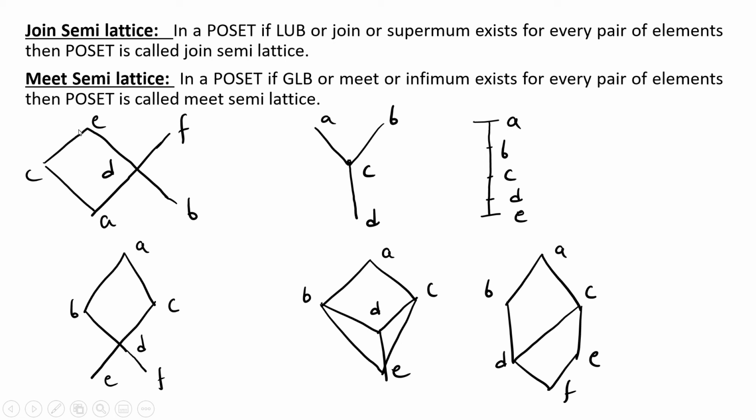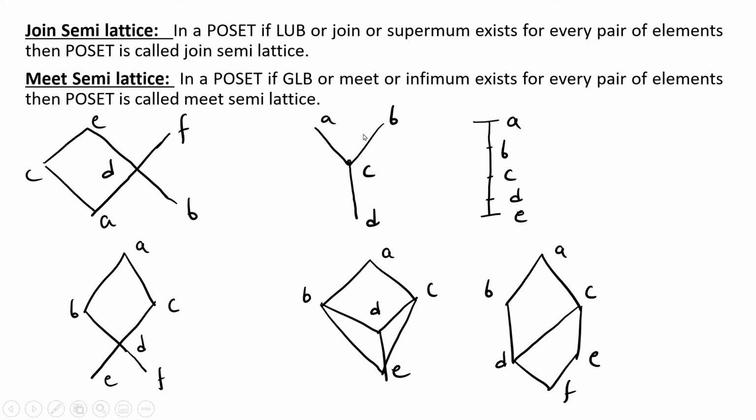So let's check E and F. What would be the upper bound of E and F? The upper bound of E and F would be empty. So there would be no least upper bound for the E, F pair. So that's why this is not a join semilattice.